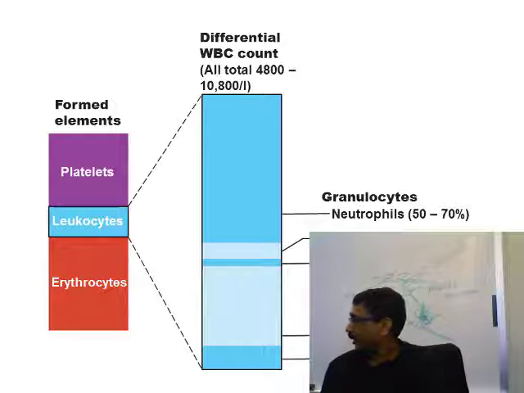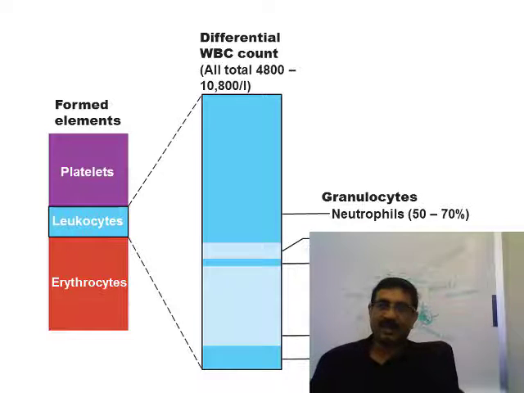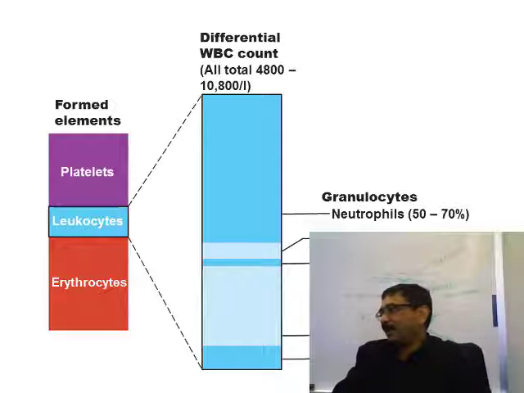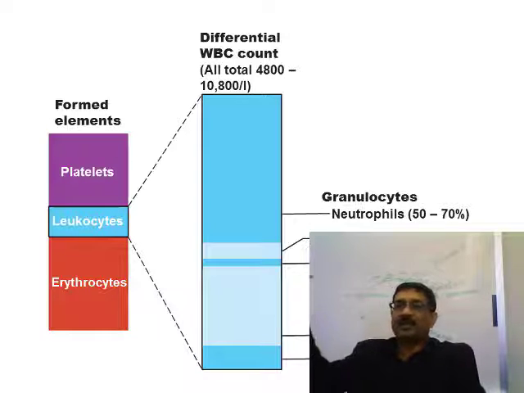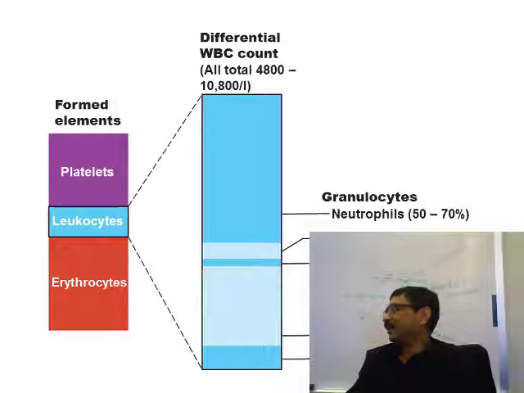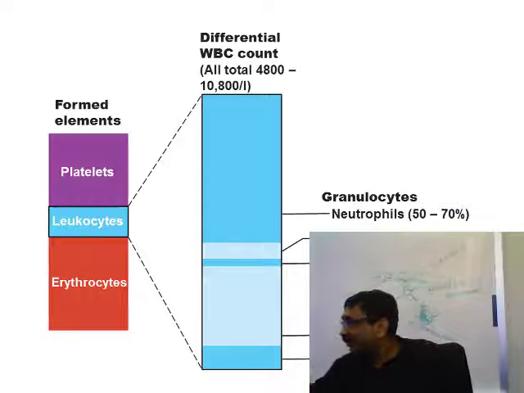What are the agranulocytes? Lymphocytes and monocytes. Now, one simple way to remember: if it ends with phils, that is what? Granulocyte. Make sense? If it ends with cyte, that is agranulocyte. Phils are at the end of granulocytes because these names have been given based on the attraction, philia.